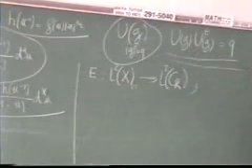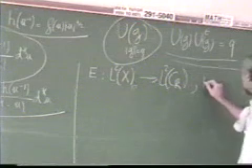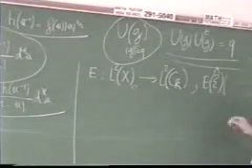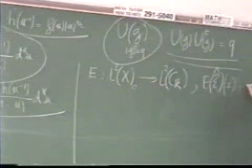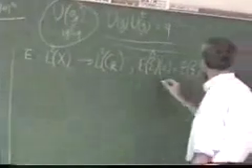And remember also that E satisfies the Poisson formula, namely that E of xi evaluated at x, the Fourier transform evaluated at x, is the same as E of xi evaluated at x inverse.